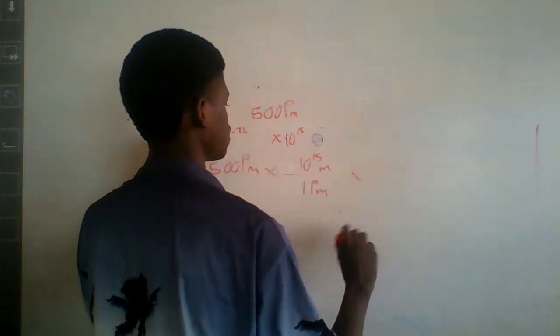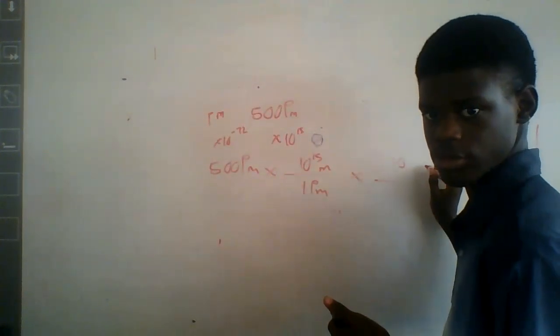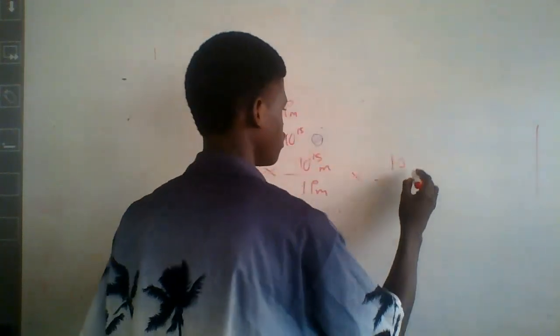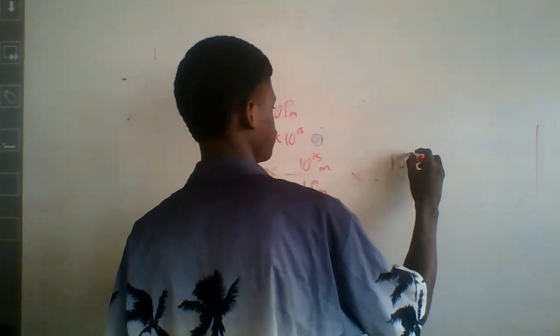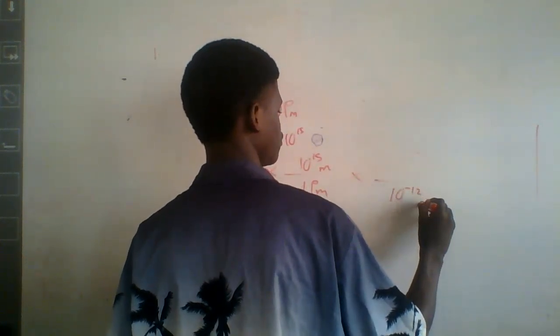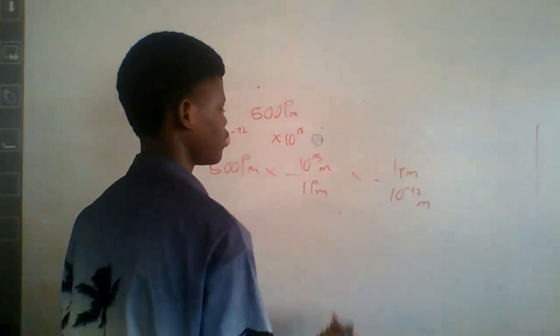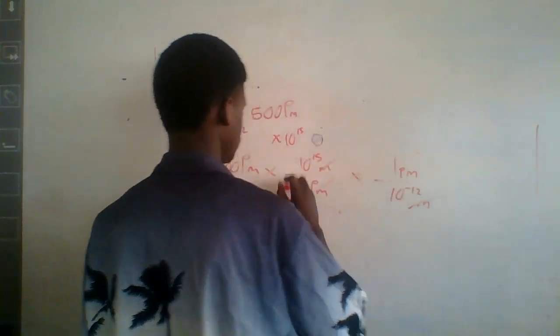I also want to cancel the meter. So that's 10 to the power minus 12 meter, that's 1 pm. So this one cancels this one, and this one cancels this.